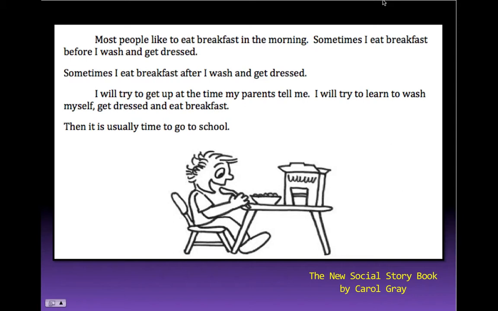A social story should also incorporate a style and format that is motivating or reflects the interests of the person with ASD. The story should also be written in a relaxed and positive format. Social stories also use words like "I will try" instead of words like "I will."